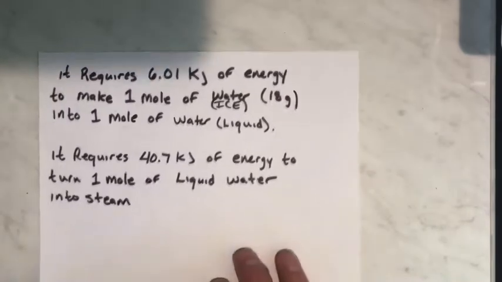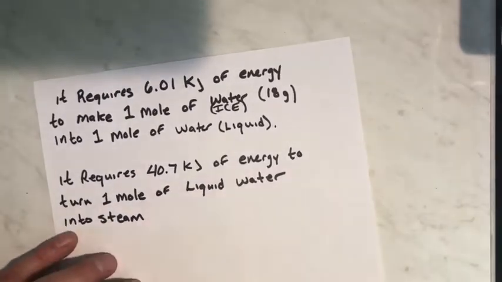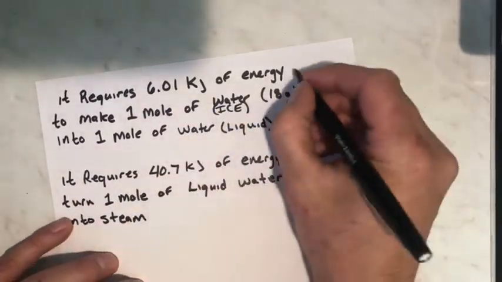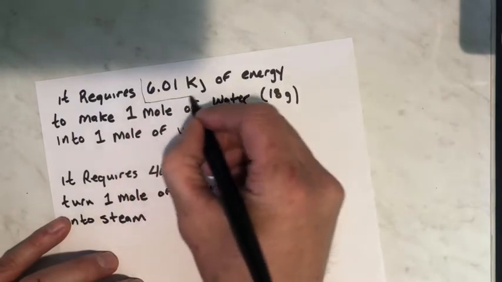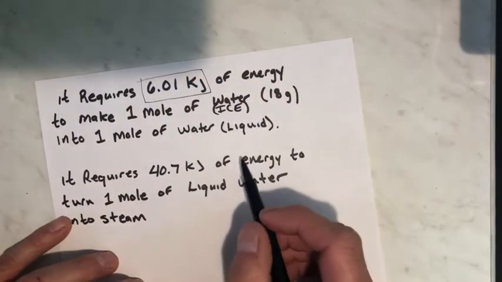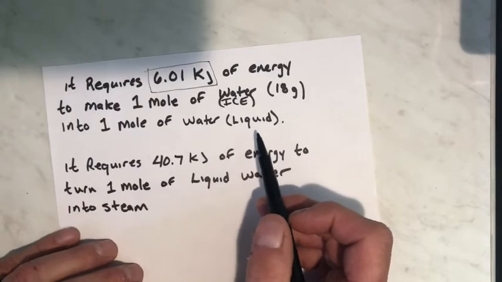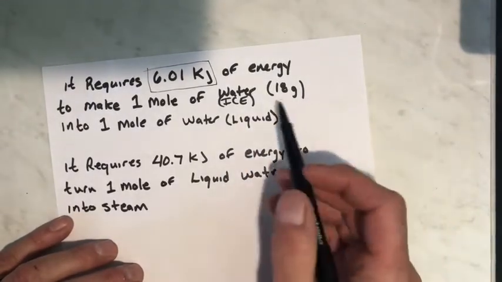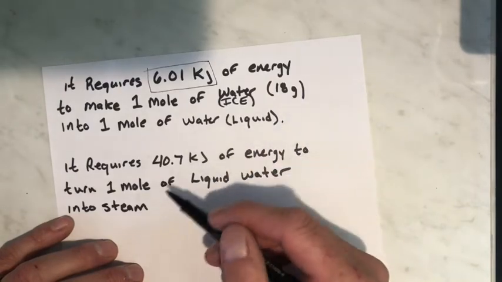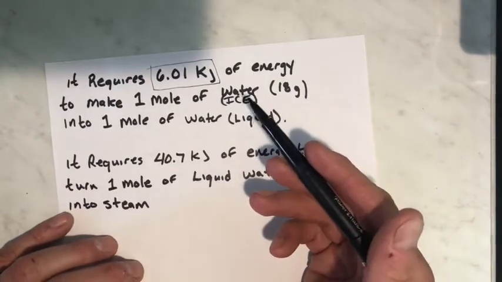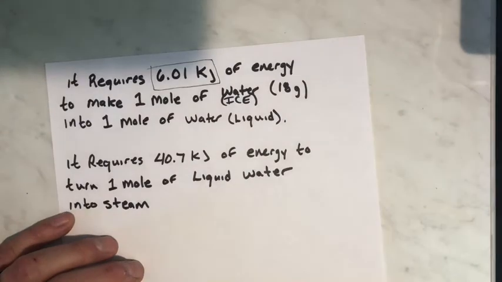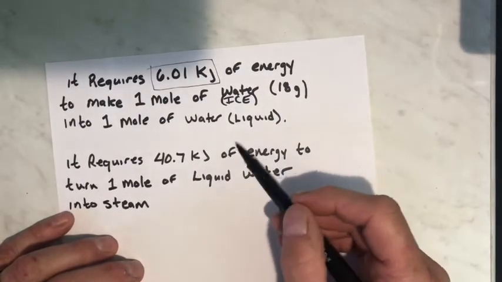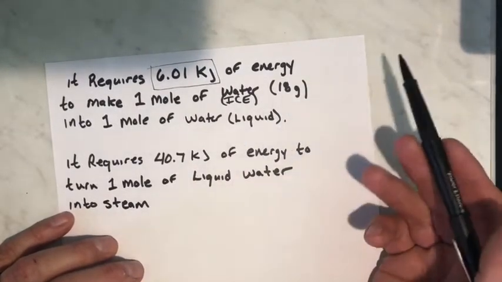So that's good. Let's do a few problems like you might see here. And before we do that, I should tell you what these numbers are. So the molar heat of fusion is this number here, 6.01 kilojoules of energy per mole. So that means that if you have 18 grams of ice, you would have to apply 6.01 kilojoules of energy to that 18 grams of ice to get it to turn into liquid water.